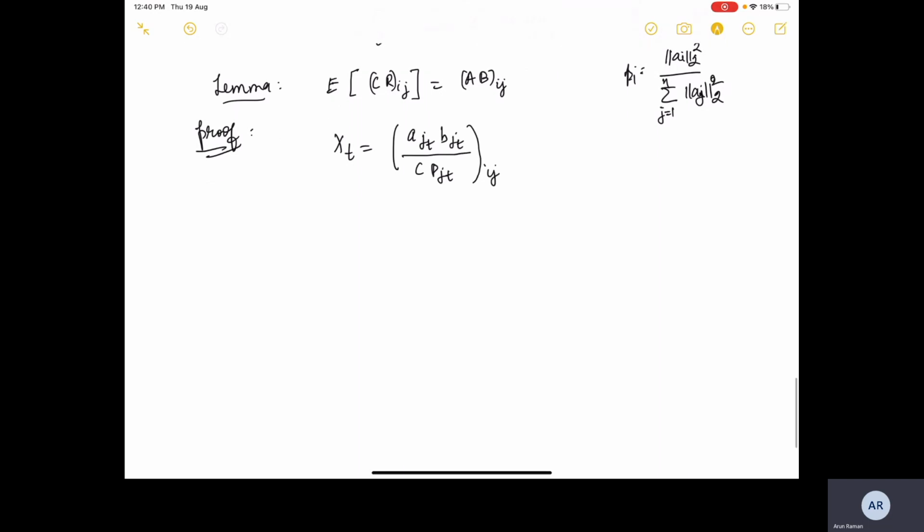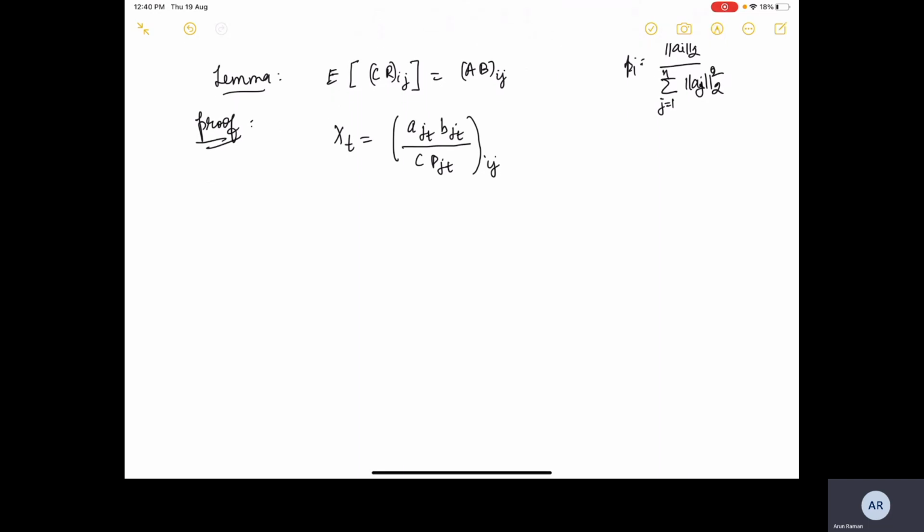This corresponds to the ijth entry, and it is a random variable because at every time t we are picking a row or a column randomly from a distribution. So this is the ijth entry of that pick.